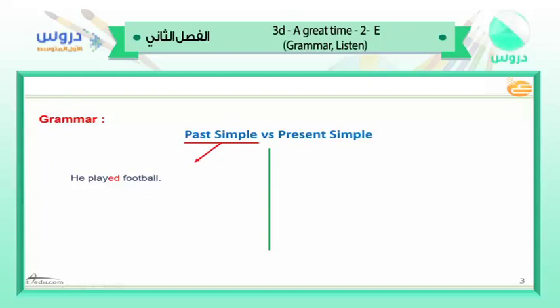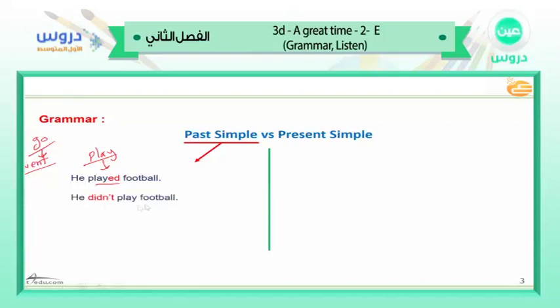So it was play, but we changed it into played. And the same thing with the irregular verbs. Go, we have to change it into went. The past of play, played. The past of go, went. Very nice.